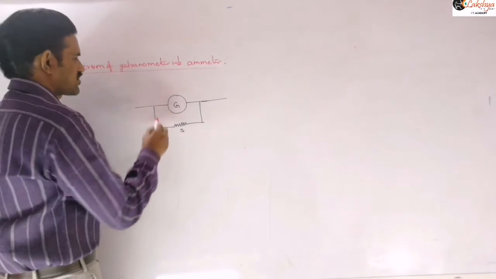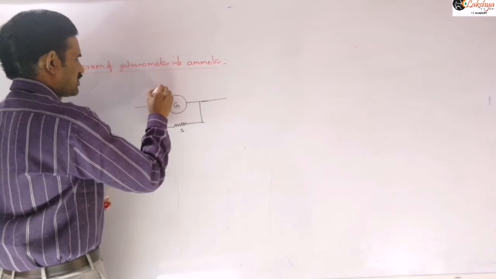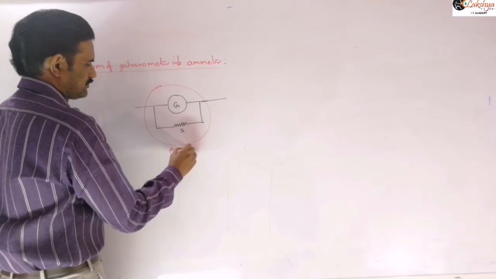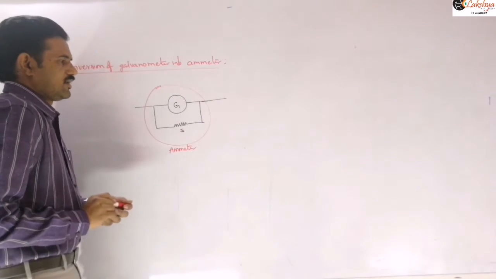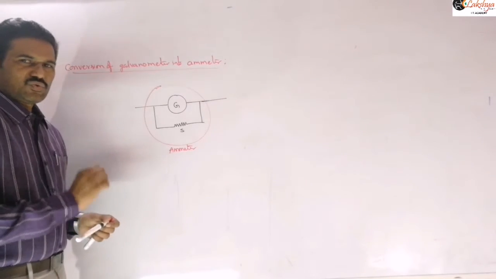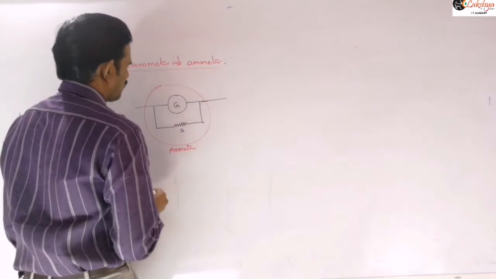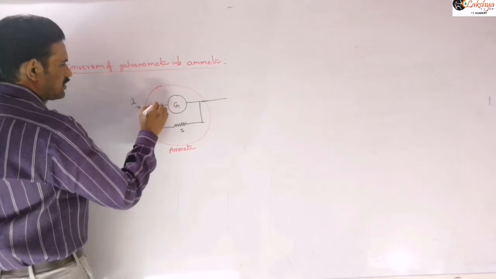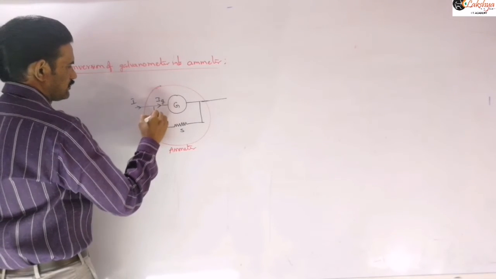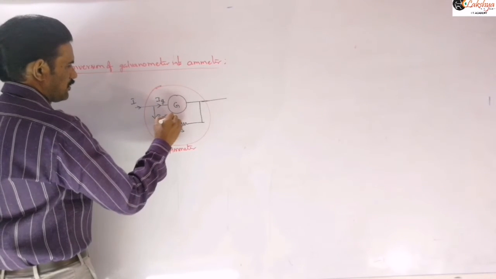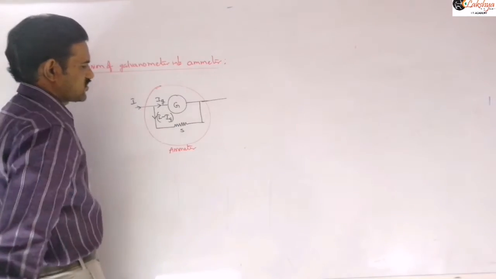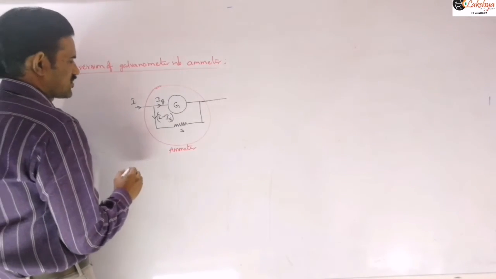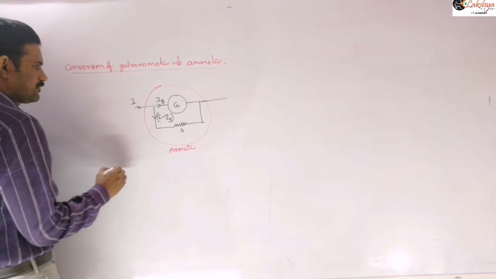So you may mention that this total arrangement will act as an ammeter. A galvanometer can be converted into an ammeter by connecting a small resistance called shunt in parallel with the galvanometer.